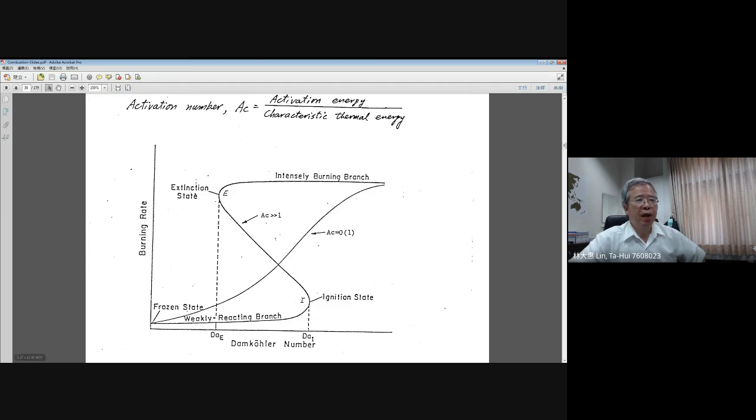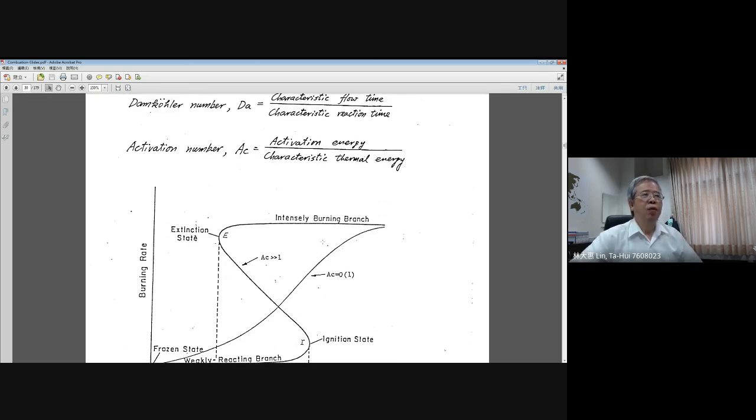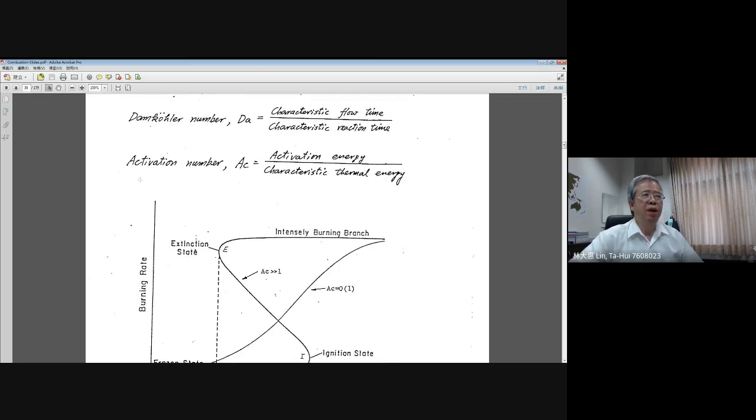The other one: when you increase the Damköhler number, you can see the burning rate continuously increases without the abrupt change described by the S curve. These two lines are basically defined by the order of your activation number. Now we go back to see what is the meaning of the activation number.